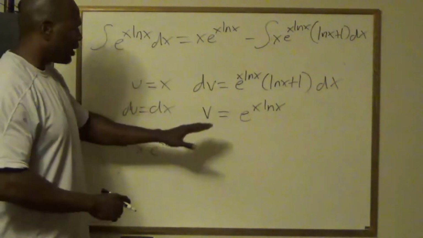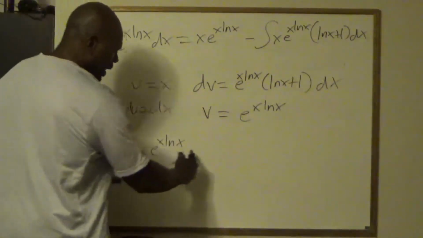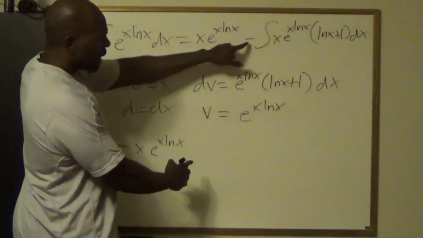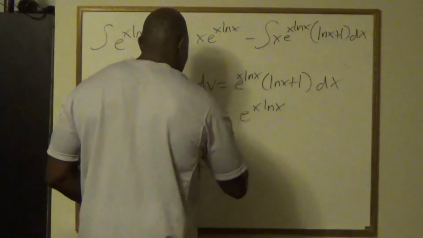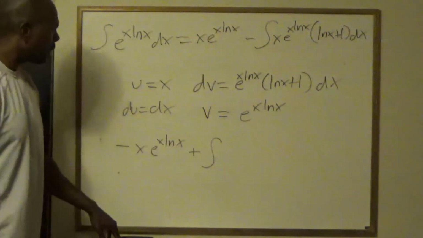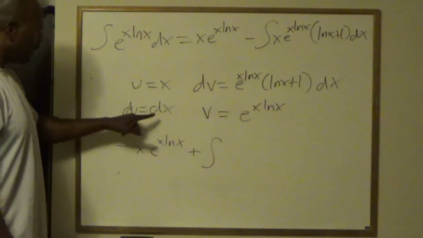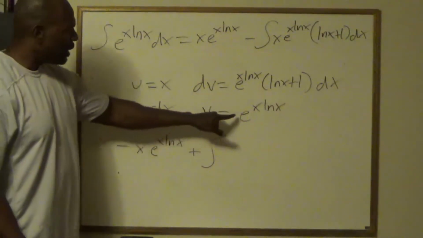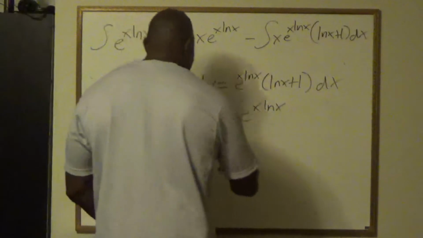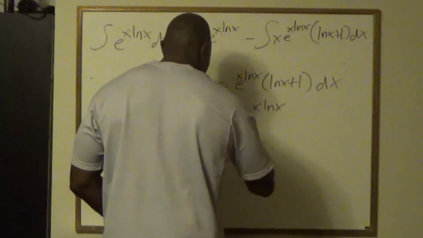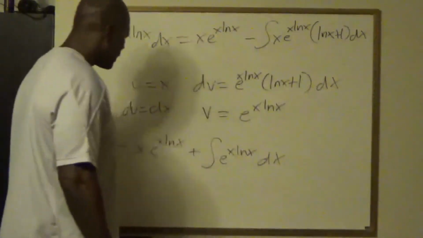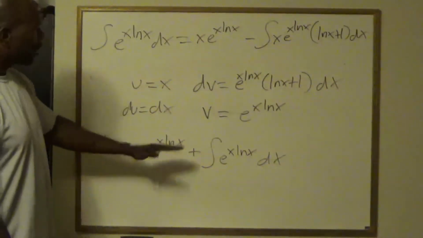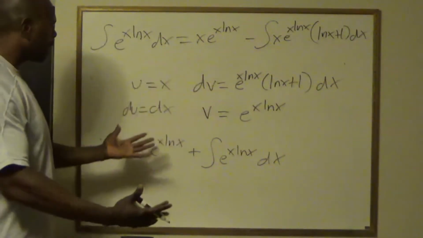Now, normally in the integration by parts formula, there's a minus sign here, but due to this minus sign, it's going to become a plus sign, and it's plus the integral of v du. Well, v is just e^(x ln x), and du is just dx. So this developed quite nicely.